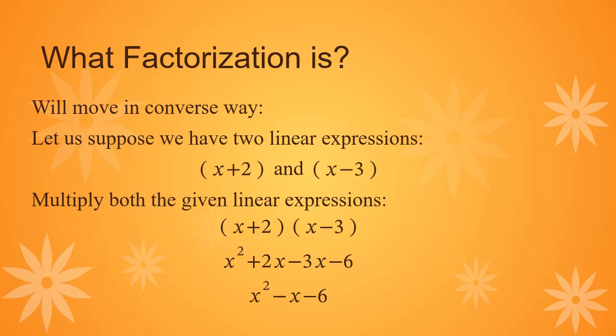We get x square plus 2x minus 3x minus 6. On solving, we get x square minus x minus 6. So, this is the standard form of quadratic equation. So, what does it mean? The linear factors of x square minus x minus 6 are x plus 2 and x minus 3.